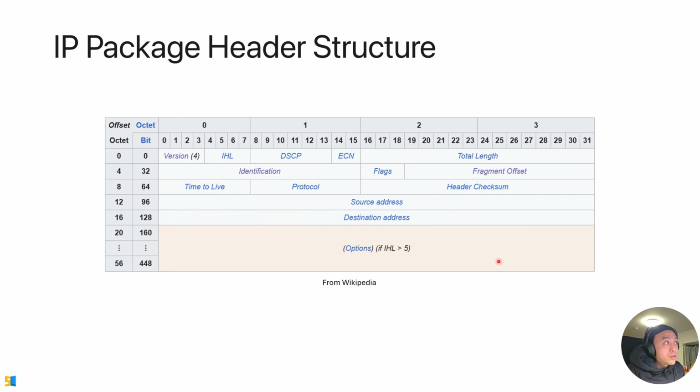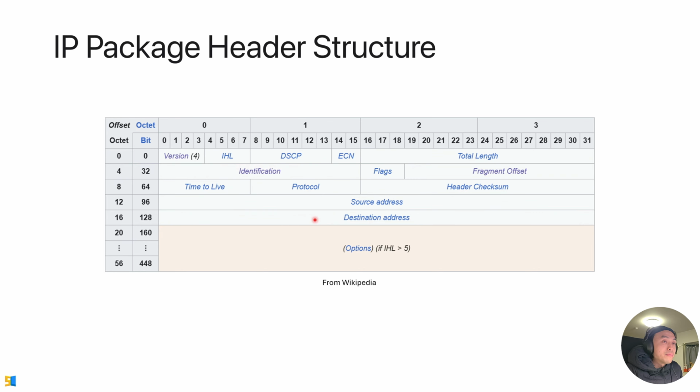So this is the structure of the header, right? How to read this? This number is bit, and one row is 32 bits. Now we have 1, 2, 3, 4, 5 rows. Each row has 32 bits.